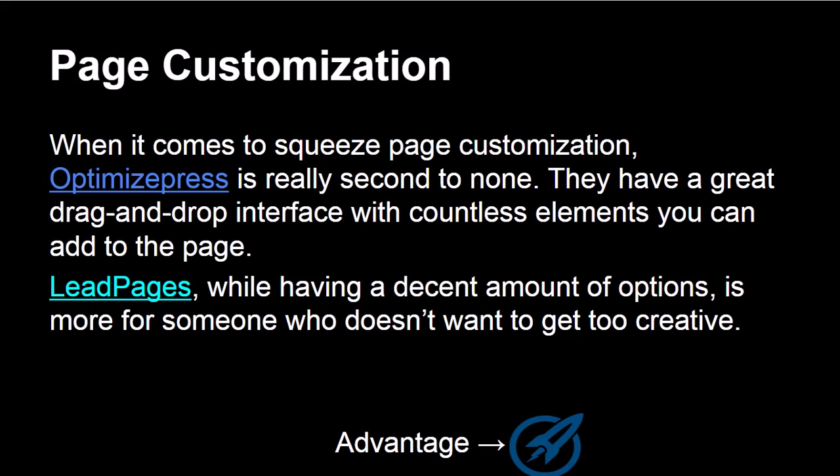Change the columns around, change the color of the background, change the column color, change the text, the type of text. You can add your logo, you can add the header from your website to the top of it for better navigation. You can add breadcrumbs, you can add memberships, all kinds of stuff you can do. So Optimizepress really has way more customization than LeadPages.